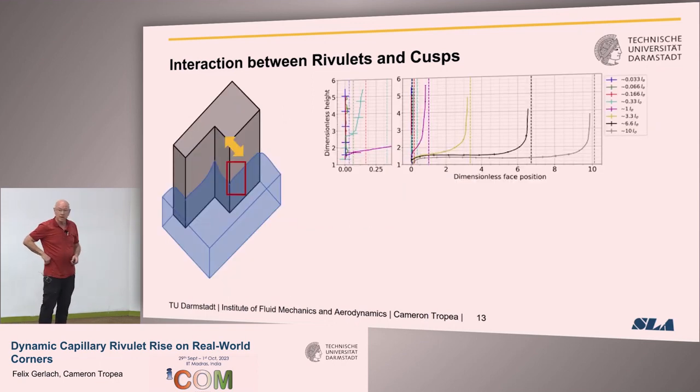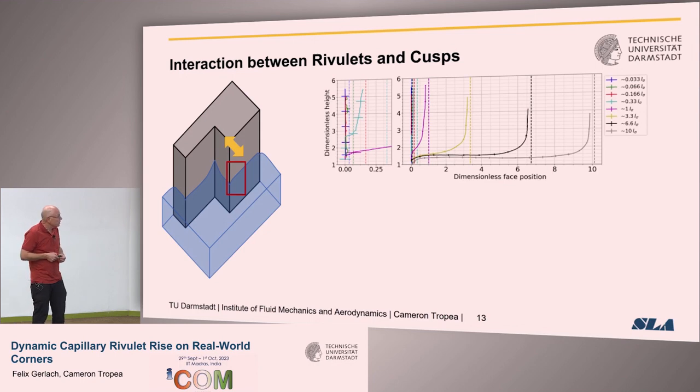Now you have to pay attention. These are not easy curves to understand, but this is the result. These are contours of the rivulet contact line. By the way, everything is dimensionless with the capillary length.